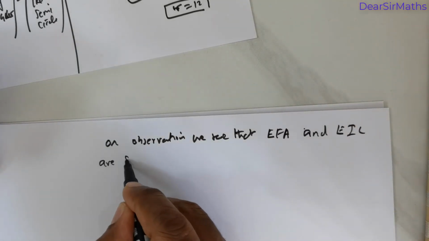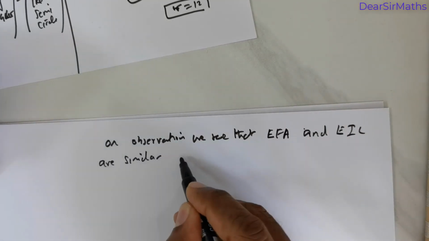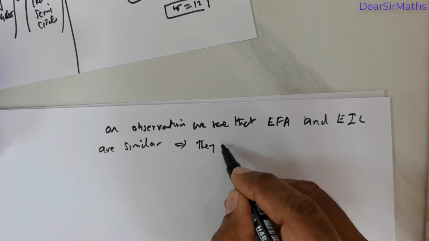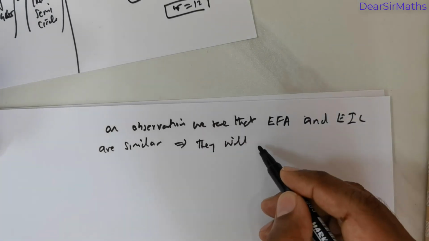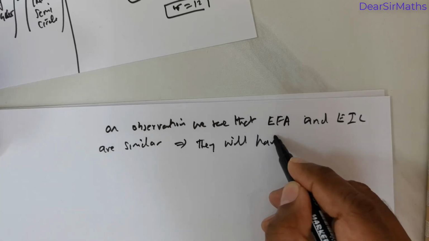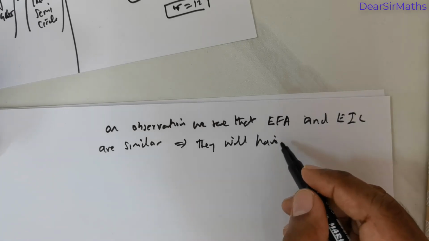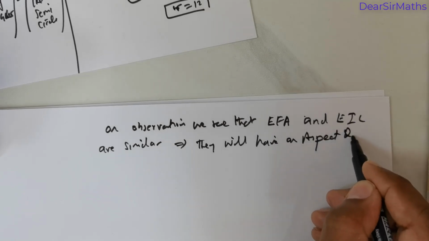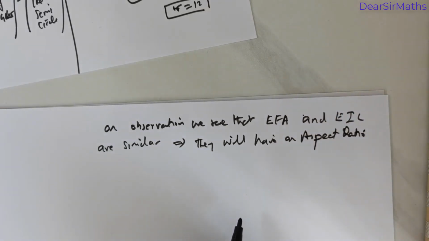Now what is the beauty of similar? They will have an aspect ratio. You can use have or share, whatever word you want. So how to get that aspect ratio?